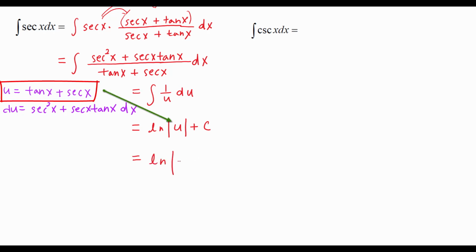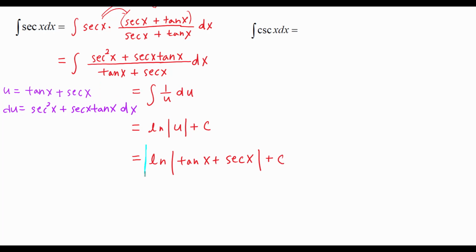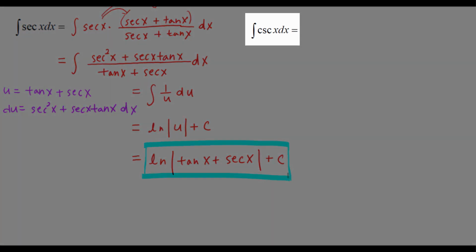My u is tangent x plus secant x, absolute value, plus c, and that is my final answer for the integral of secant x. So you know now the integral of secant x is ln absolute value of tangent x plus secant x plus c.